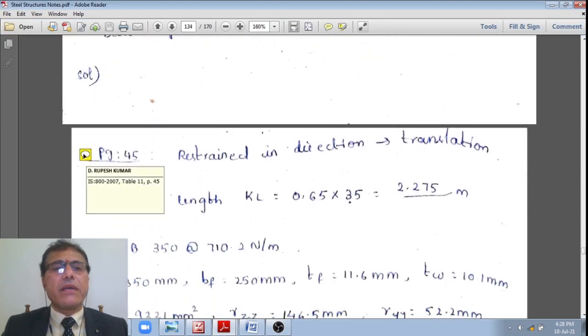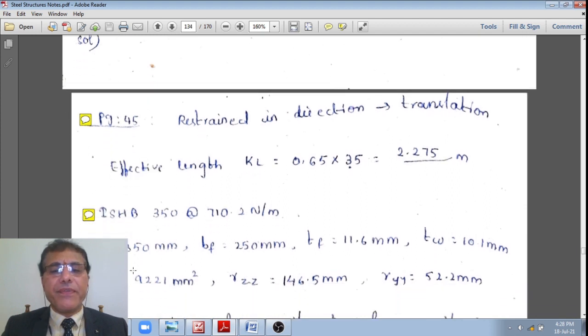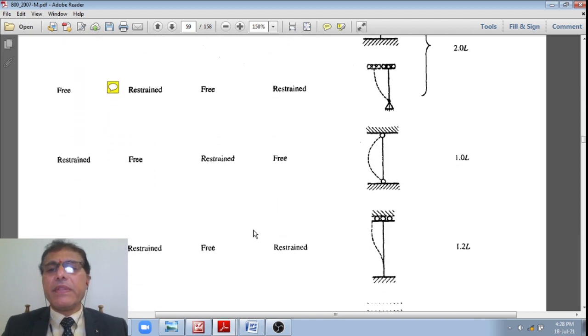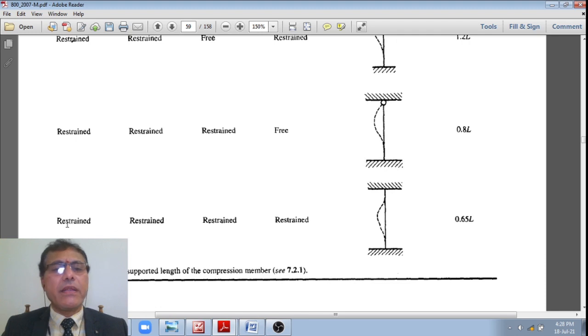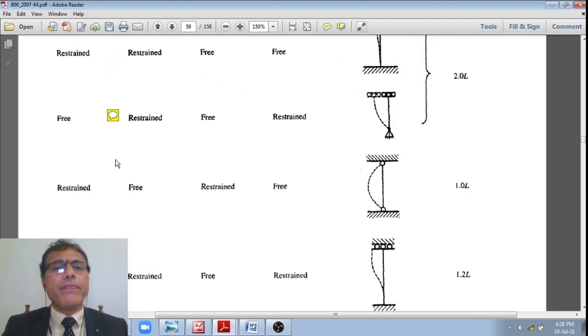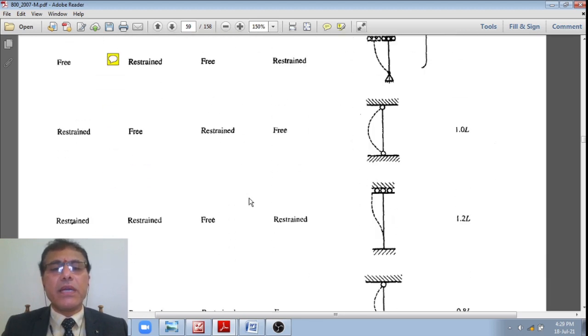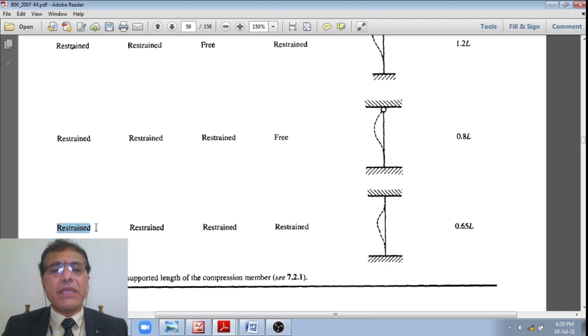Therefore, from IS 800 2007 Table 11, page number 45, let me go to that page number 45, students. This is page number 45 of IS 800 2007, the effective lengths of prismatic compression members, Table 11, wherein it is given that both ends are restrained, restrained against translation and rotation at one end, and at the other end also restrained in translation as well as rotation.